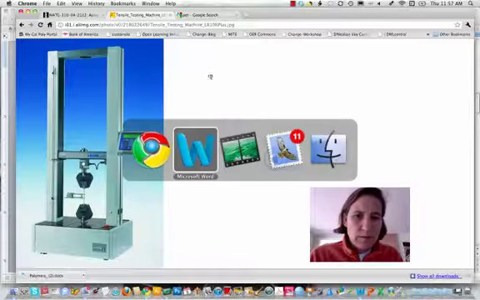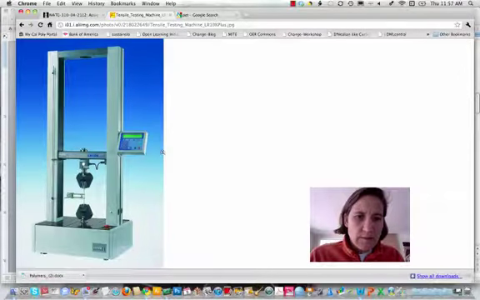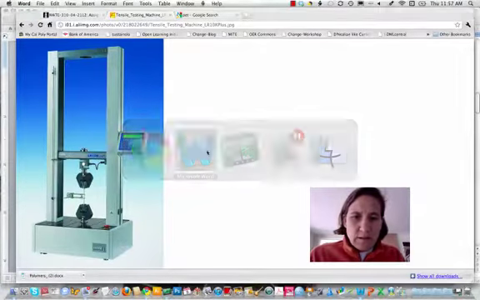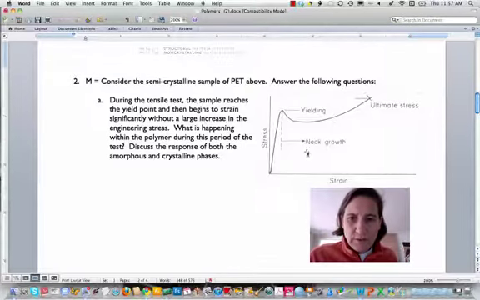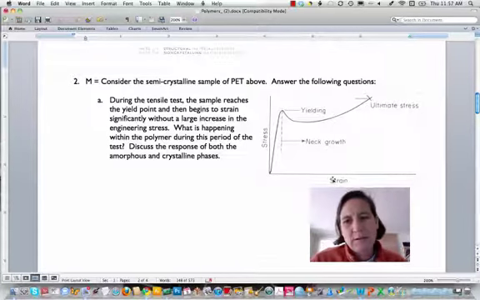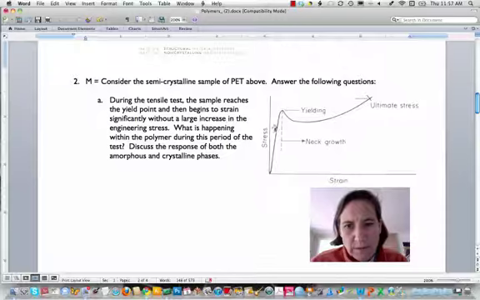So when we go back and look at the results here in this stress-strain graph, we know that there is this initial elastic region right here where the stress that is developed is proportional to the strain.